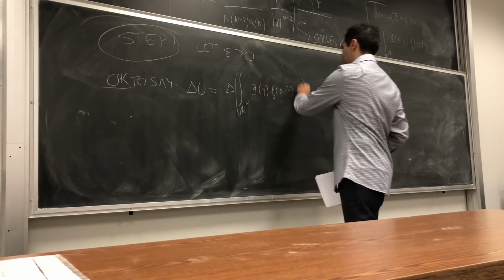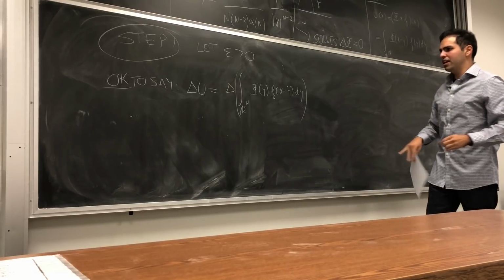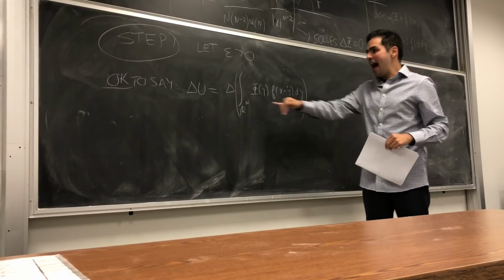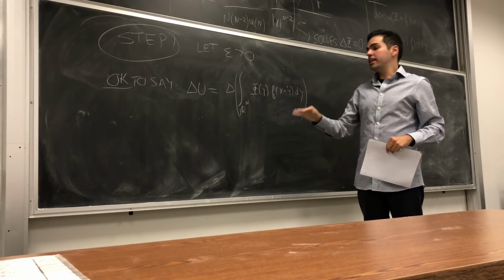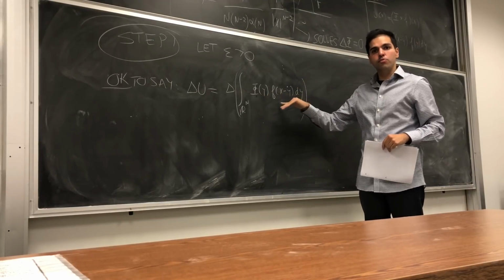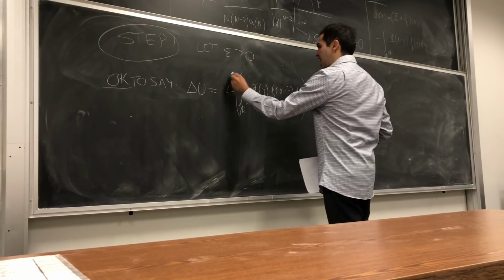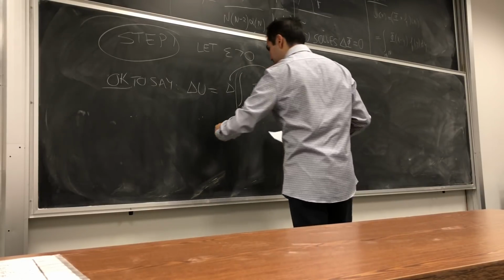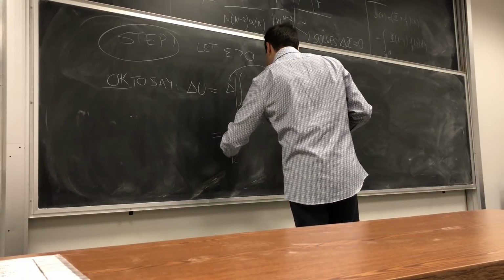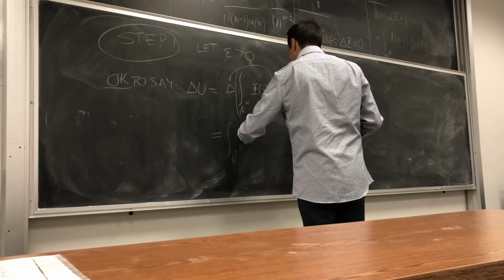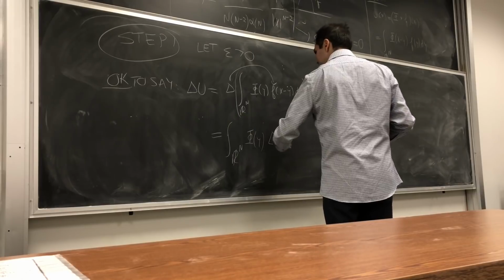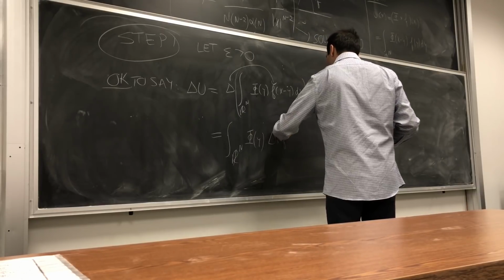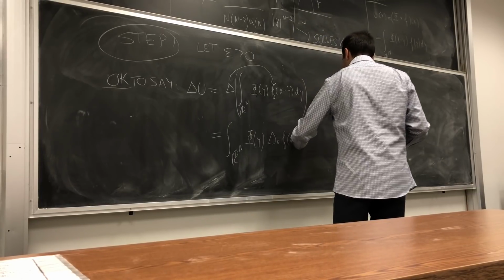Okay, so we get this formulation, and as I said, it's bad to put the derivatives on the phi, but it turns out, because f is smooth enough, it's actually okay to put the derivatives on the f. So in fact, it is legit to say that this is the integral of phi of y, Laplacian with respect to x, of f of x minus y dy.